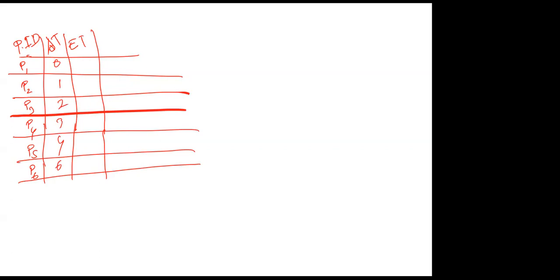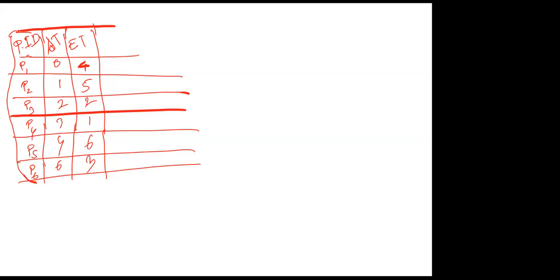Also, the execution time for process P1 is 4. Here it is 5. Here it is 2, and then 1. Here it is 6, and there is 3. This is the execution time of the processes. Total 6 processes.